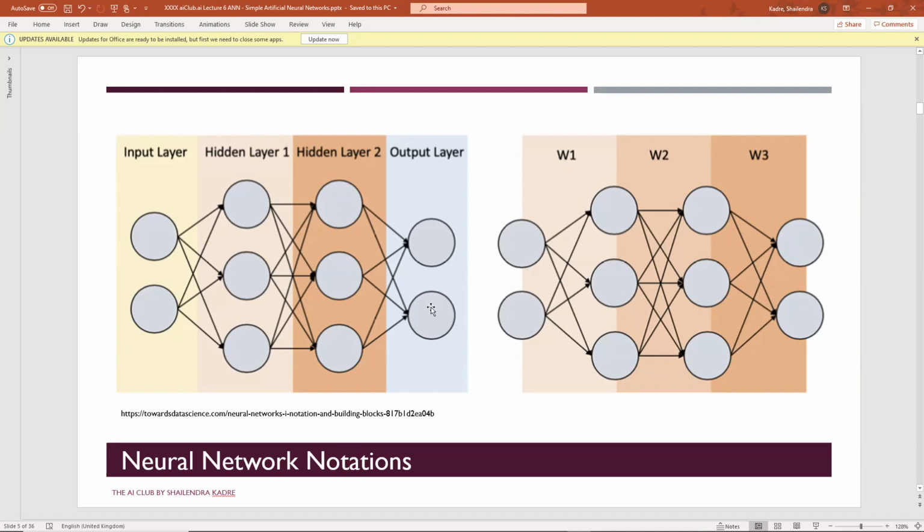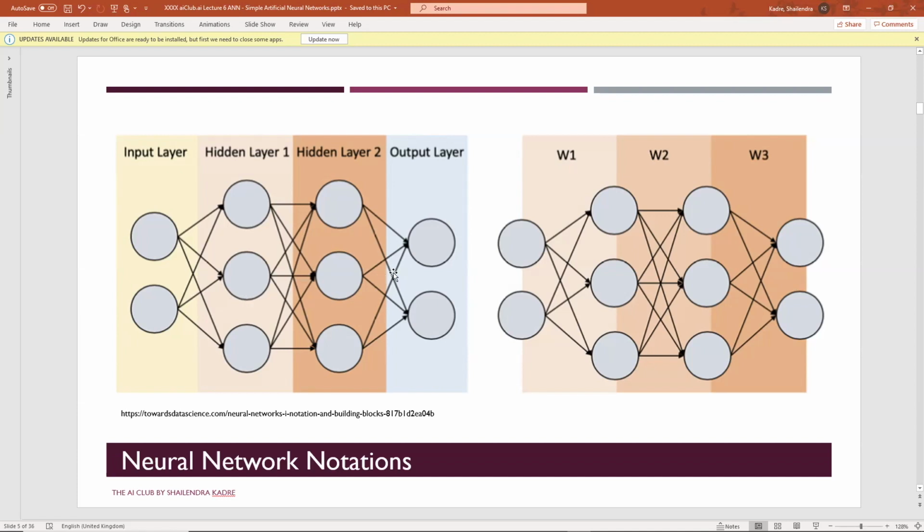That is because we have only 2 classes in our target variable. This is a classification type of problem. So one neuron will tell the probability of occurrence of class 1, and the second neuron will tell the probability of occurrence of class 2.